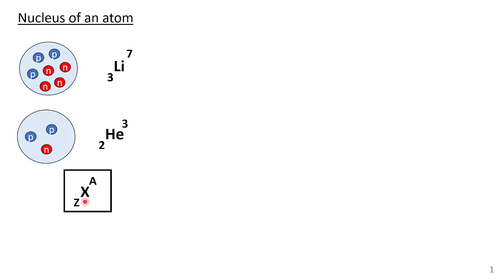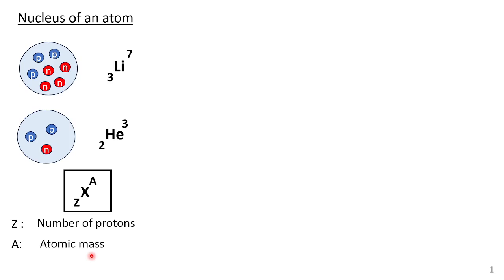The lower number is the number of protons, denoted by Z. The upper number is the total number of nucleons, also called atomic mass, A. So Z represents number of protons, and A represents atomic mass or total number of nucleons. Clear?